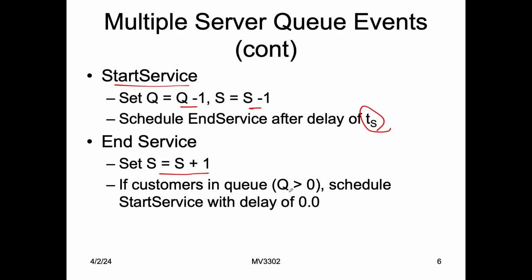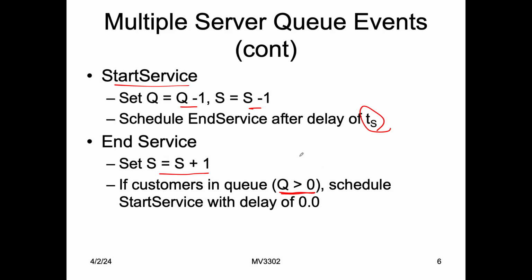So if somebody's in the queue, and notice that I'm translating English statements about our system into mathematical statements about a model. When I say if there's somebody in the queue, that translates in our model to the value q bigger than 0. This expression means that there's somebody in the queue. If this is false, that is, if q is equal to 0, that means nobody is in the queue.